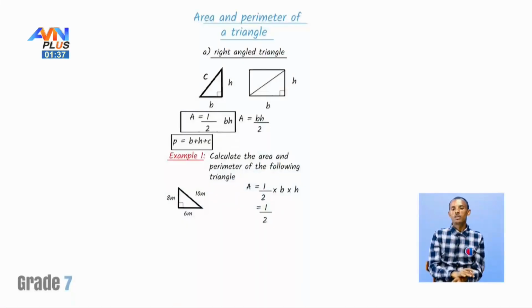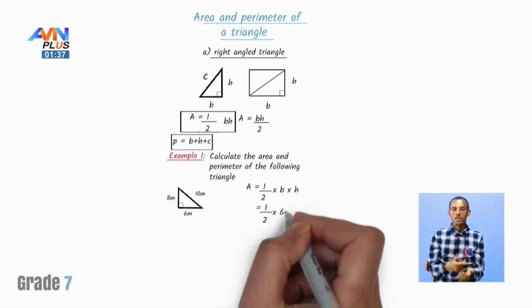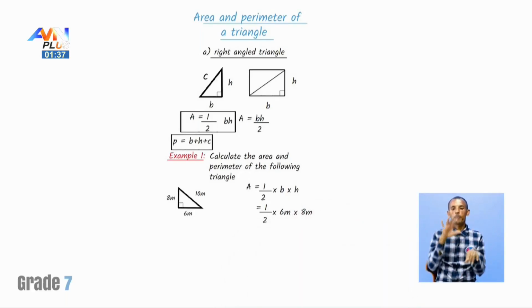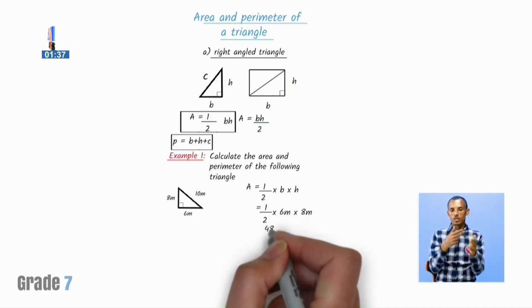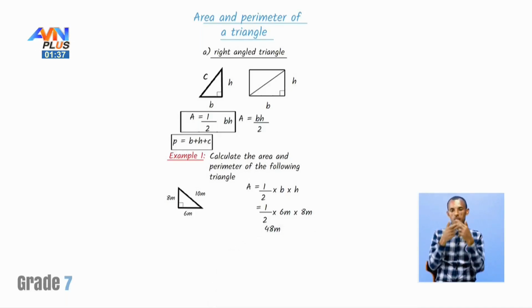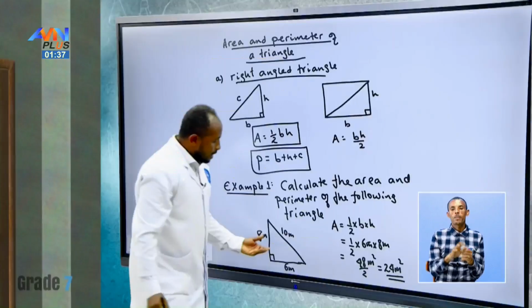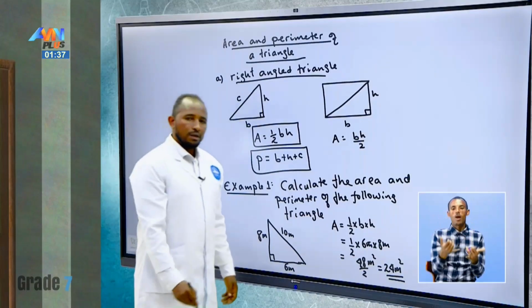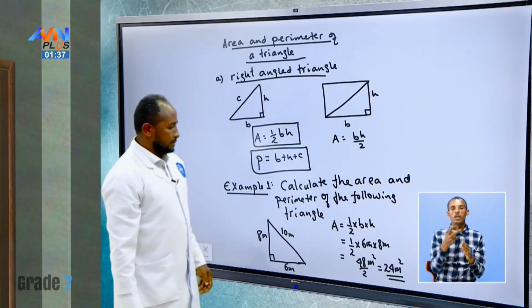Therefore, here, it is 6 times 8 meter. So, multiply this, it is 48. 6 times 8 is 48. So you have 48 square meter divided by 2. You have 24 square meter, which will be the area of this triangle. Now, let's see its perimeter.